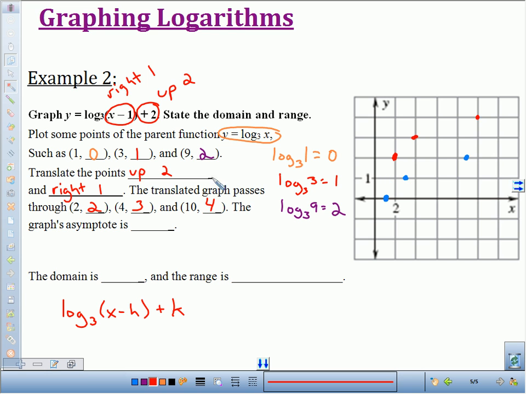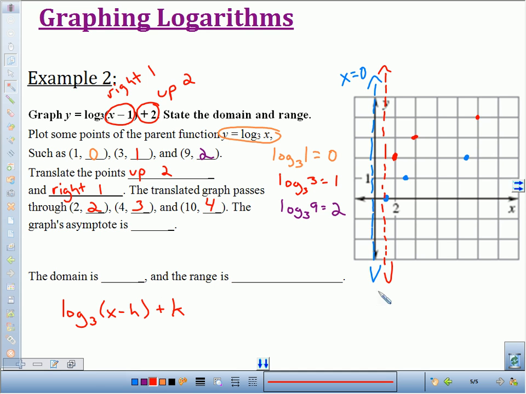Now here's a tricky bit. My asymptote was originally at x equals 0. But I translated everything over 1. That includes my asymptote. So my asymptote was at x equals 0.